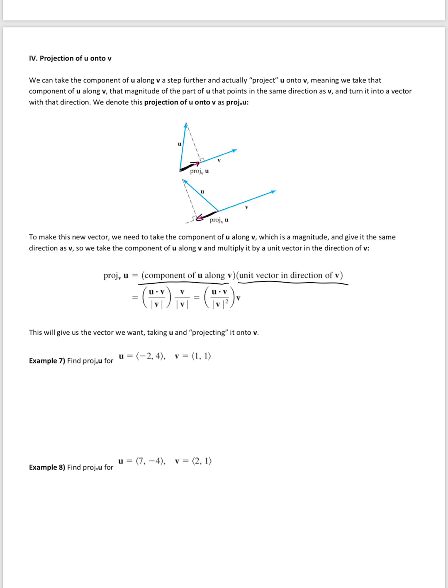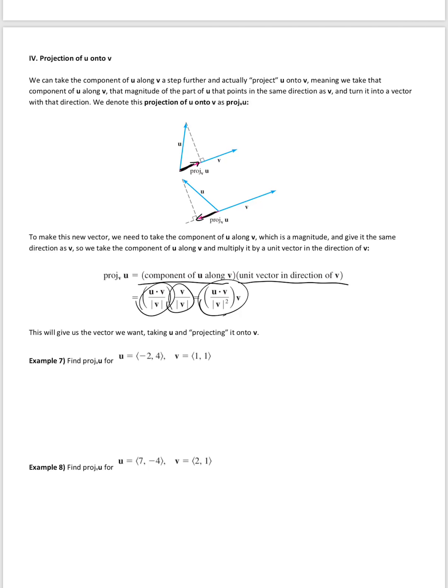And if we multiply these two formulas together, the component and then the unit vector, remember, the unit vector in the direction of another vector is just dividing that vector by its magnitude, we end up with this pretty simple formula. And we call this the projection of u onto v. We're taking this vector and projecting it onto another vector. It's projection.